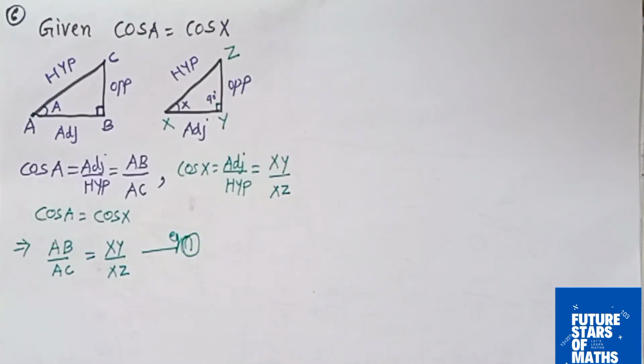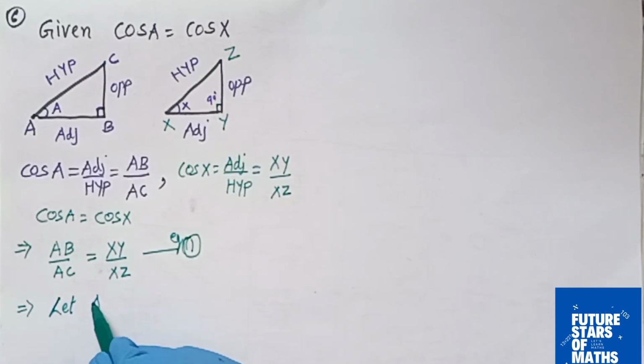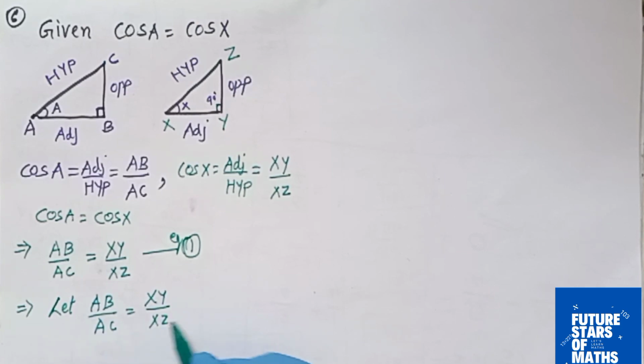Okay. Now, since these both are equal, what can we do? We can equate this as: let AB by AC equal to XY by XZ equal to some constant k. So from this what can we write?